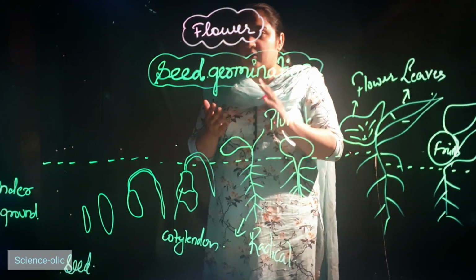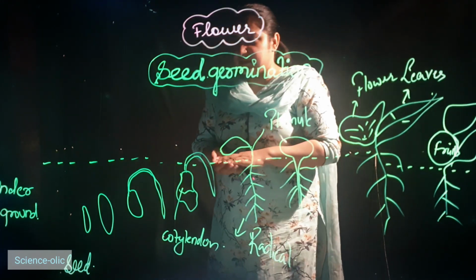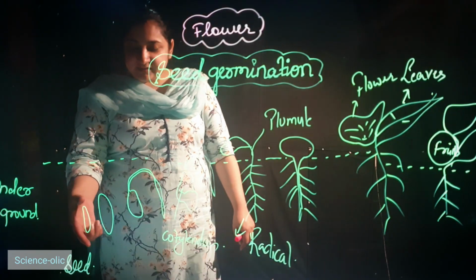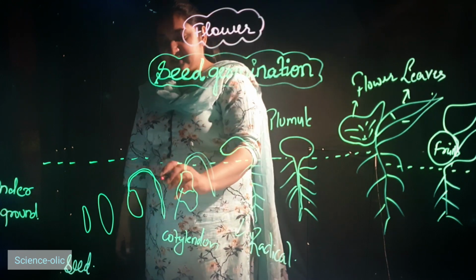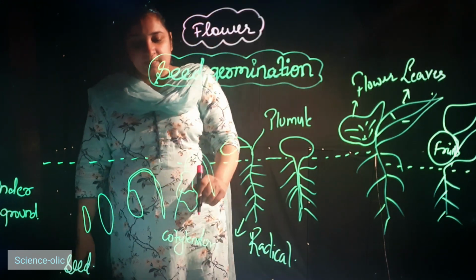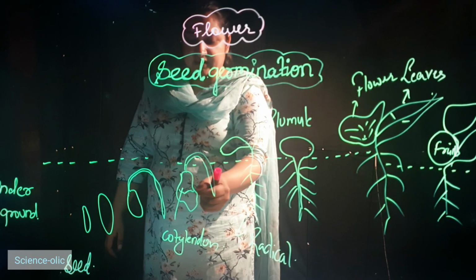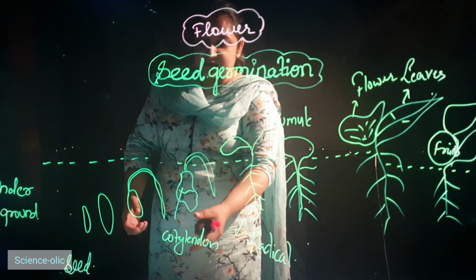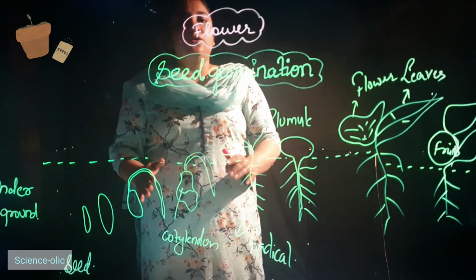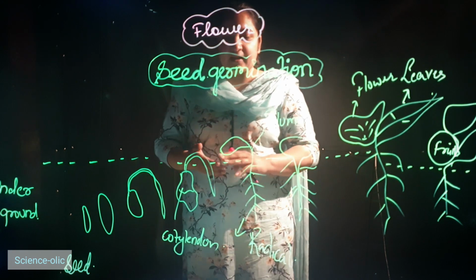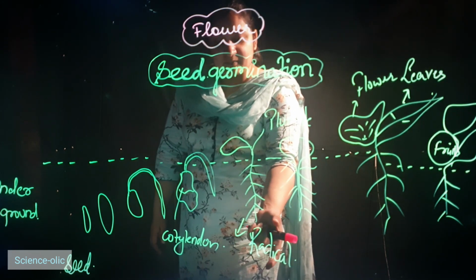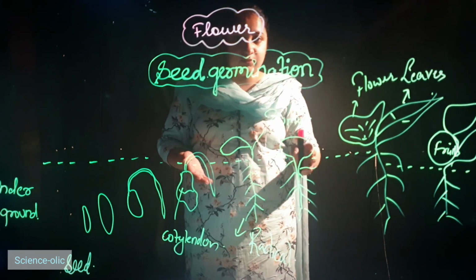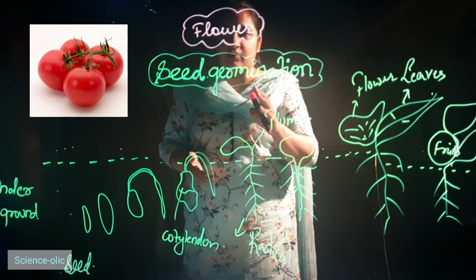And then the radicle is formed. The radicle helps in the formation of root. And the plumule helps in the formation of shoot. Then the structure enlarges and forms the flower, leaves, and the whole structure of the plant. After the fertilization, the fruit is formed.